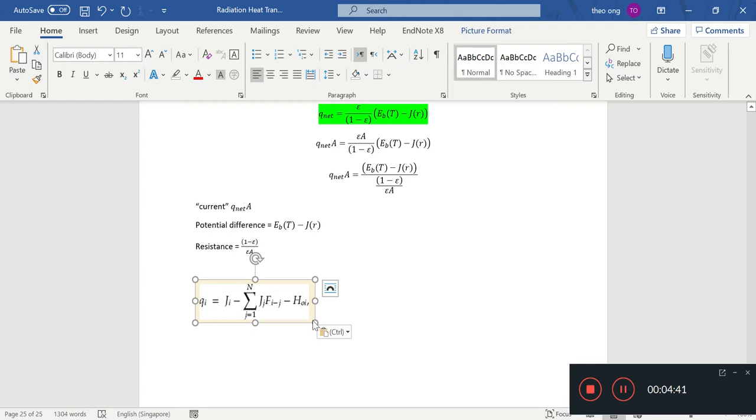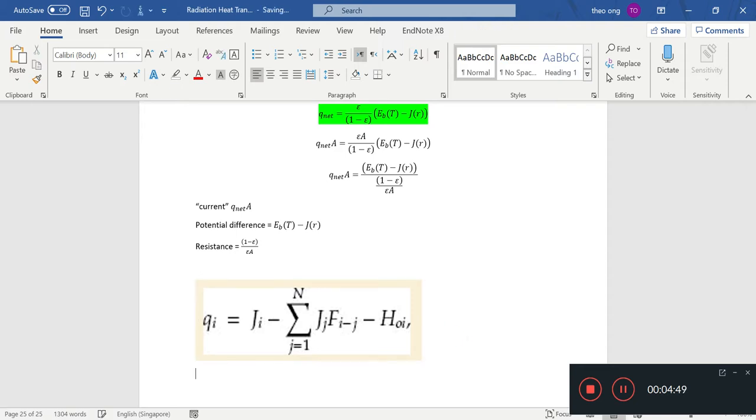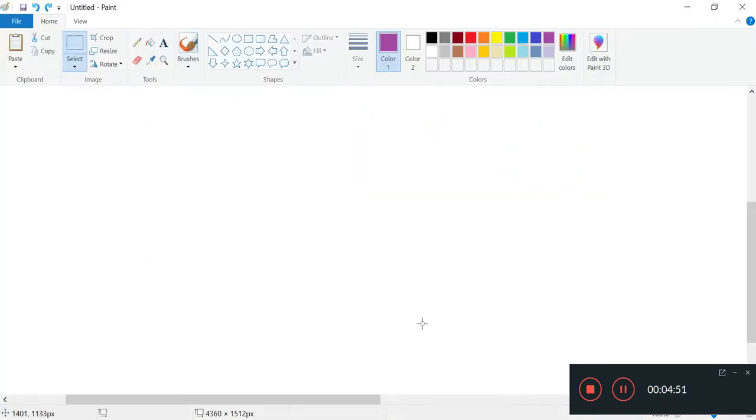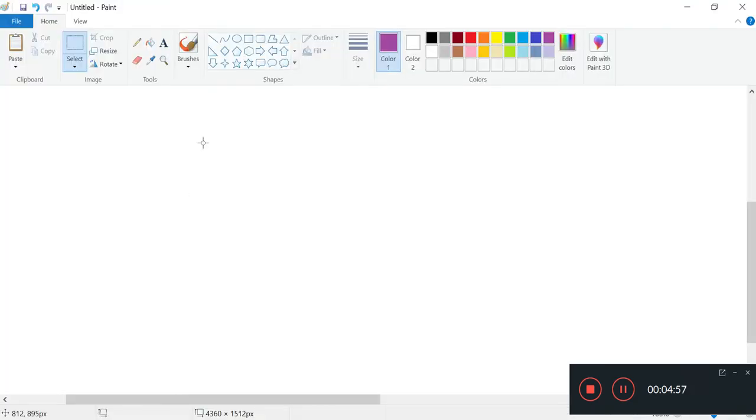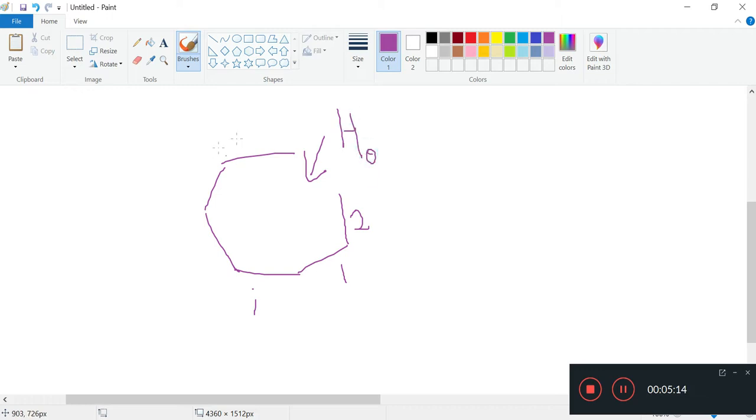It's nothing too different from what has been emphasized before. So I'm going to delete this, and let's see, there's the Q coming from surface i. So let's say we have an enclosure, a collection of surfaces of arbitrary shape: 1, 2, 3, and let's have an external radiation, 3, 4, 5.